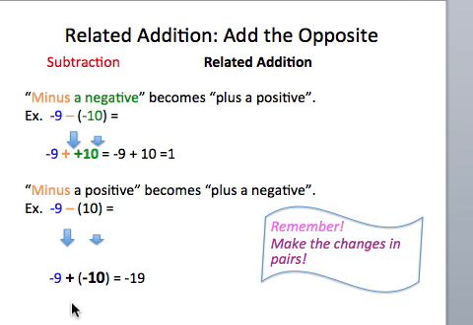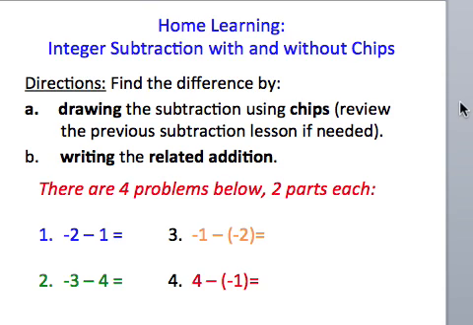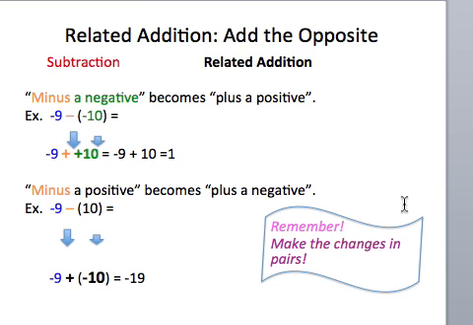It's like owing $9 to one person and owing $10 to someone else. You owe $19 altogether. So these related addition changes always happen in pairs, never by themselves. What I mean by in pairs is you have to change the subtraction and the number next to it. So they always happen in pairs.